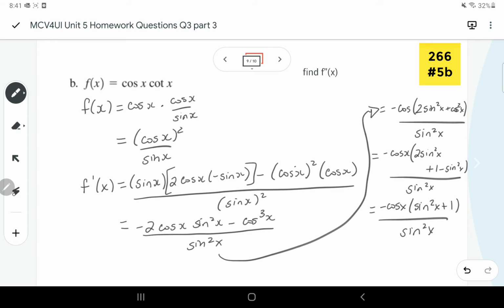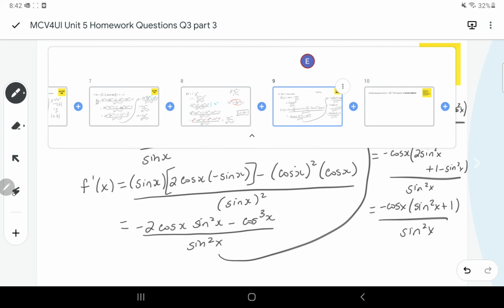Now this is definitely one that I would not expect you to be able to factor and simplify because it gets pretty messy. There could be a way to simplify this more that I'm not seeing right away, but I wouldn't expect you to be able to simplify this in a specific way on a test.